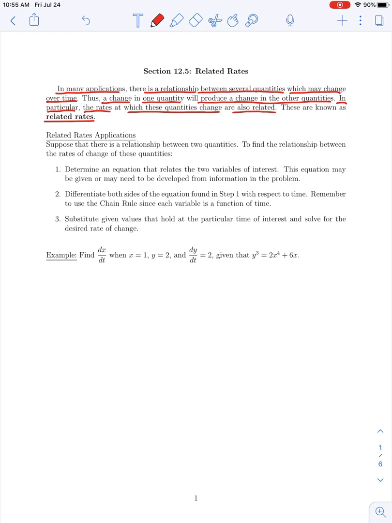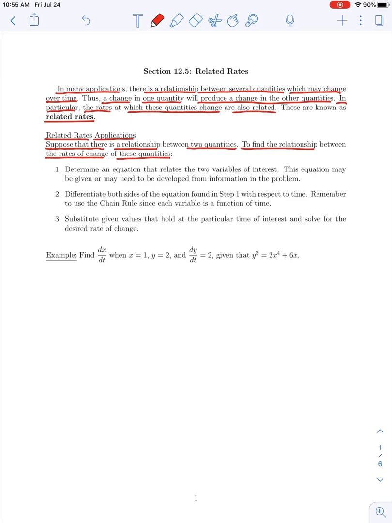So let's explain how these related rates applications are going to work. In our course, we will suppose that there is some relationship between just two quantities, so we'll restrict ourselves to only two quantities interacting. And then to find the relationship between the rates of change of these quantities, we have a three-step process.